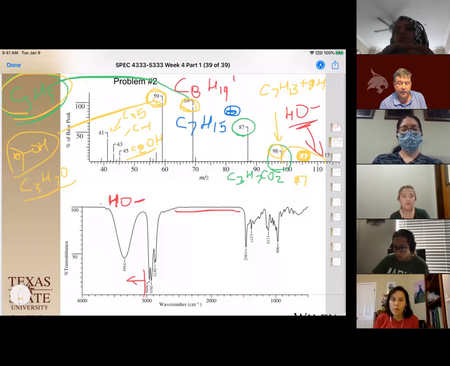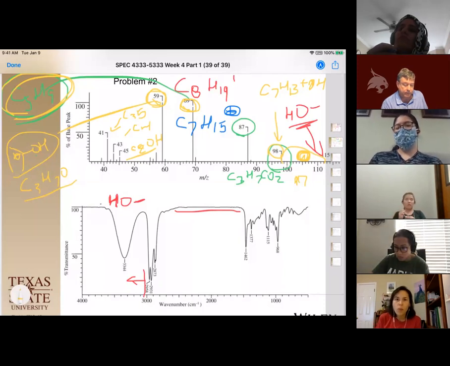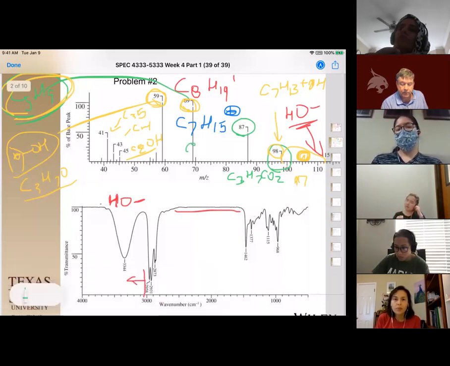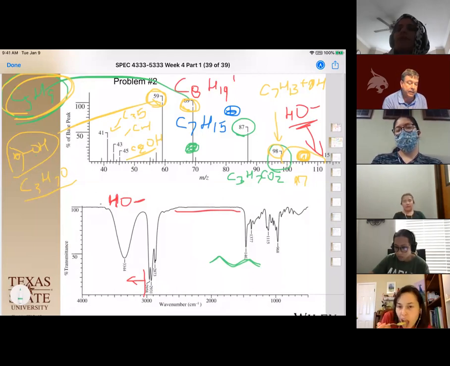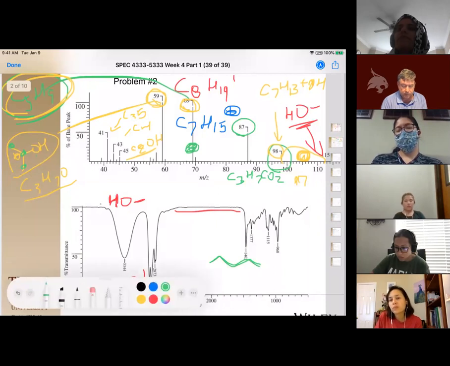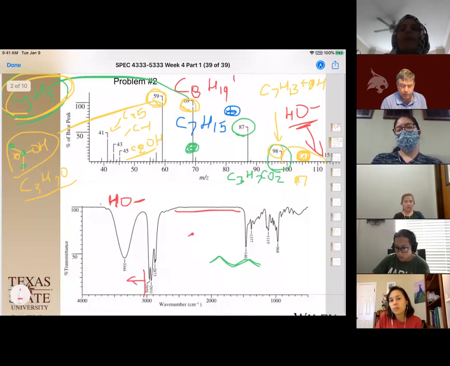So if we have this as our straight chain, that means, based on this peak right here, we're going to have 1, 2, 3, 4, 1, 2, 3, one of those chains. And then based on this fragment, we're going to have 1, 2, 3 carbons, 3 carbons with an alcohol on it somewhere.